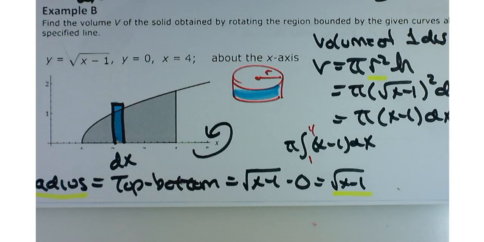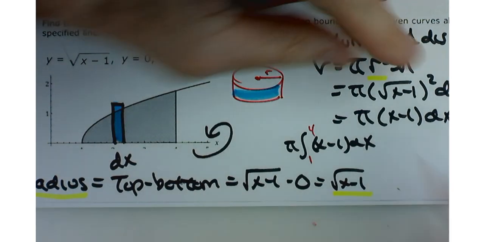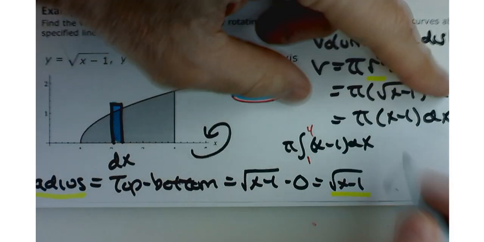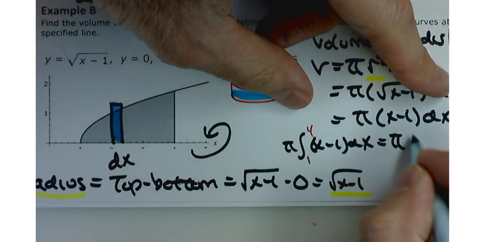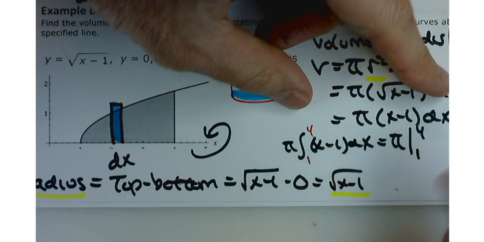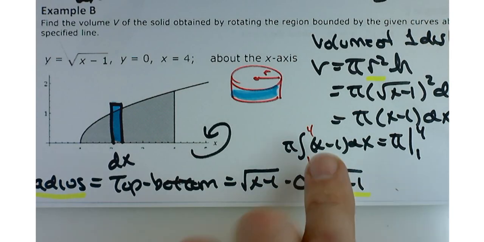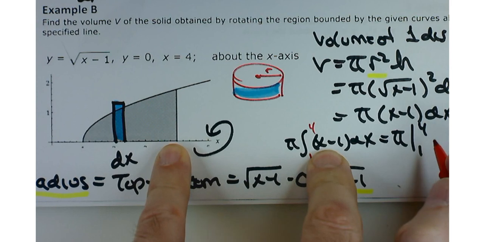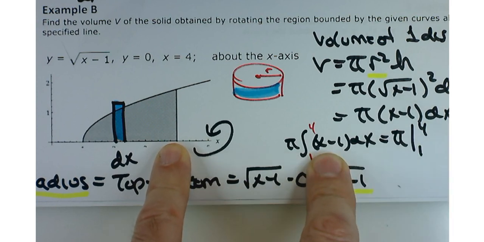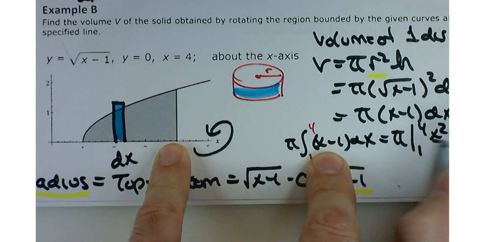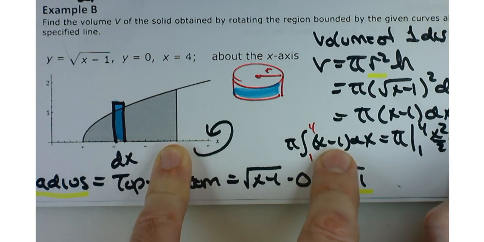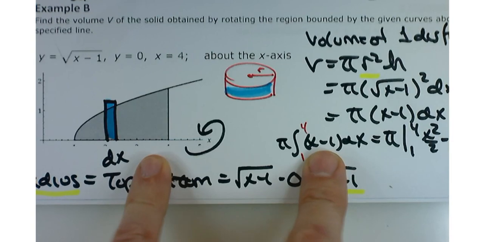Kind of want to do this one out by hand, just because I don't want to do everything on the graphing calculator. So it's going to be pi times 1 to 4. Actually, I need an antiderivative for this here. x squared over 2 minus x. Good, x squared over 2 minus x.